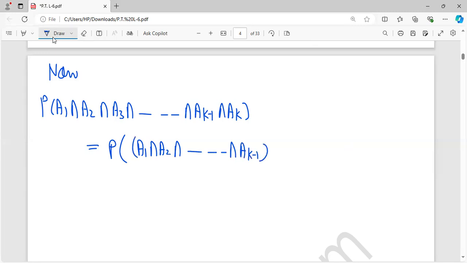I can combine this one intersection AK. Now consider this as one event and consider this as one. So this is my A and this is my AK.